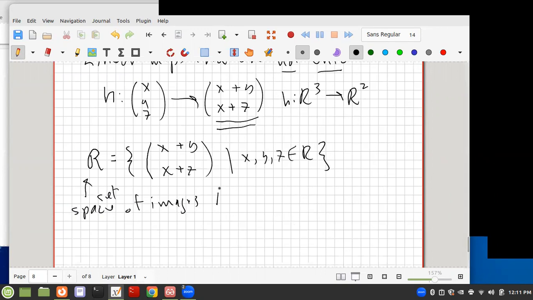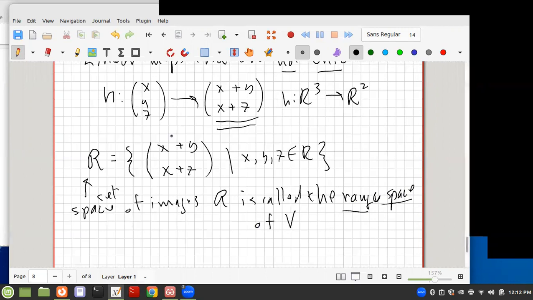So this set R is going to turn out to be a vector space. This set here, R, is called the range space of the domain V, because I take any vectors in the domain and I get a set of vectors here.